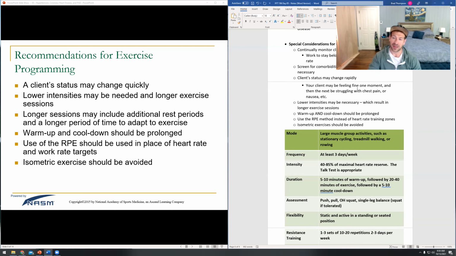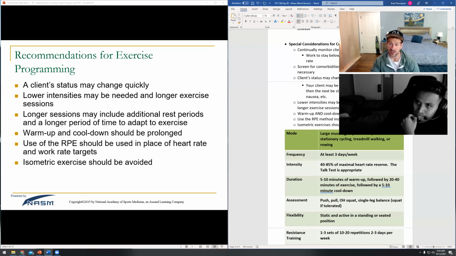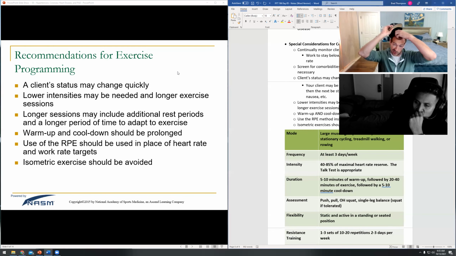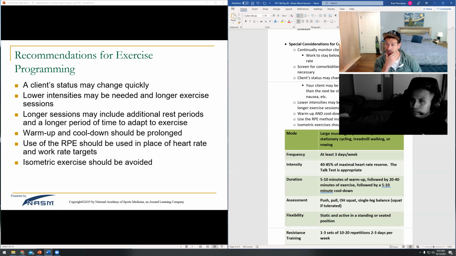So our warm up and our cool down should be prolonged with clients who have had heart failure. Rather than just being like, all right, that was your 5 minutes, let's hit the gym floor, right? We're probably going to spend 10, maybe even upwards of 15 minutes easing them into exercise and teasing the heart rate up so that we don't change its status too quickly. And the same thing is true about leaving exercise as well.